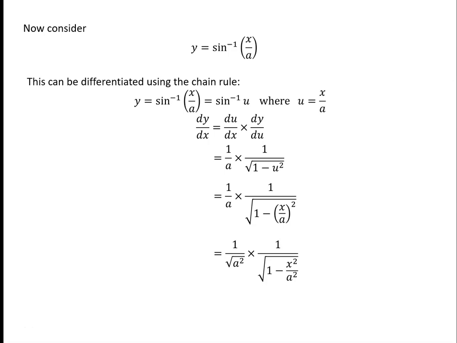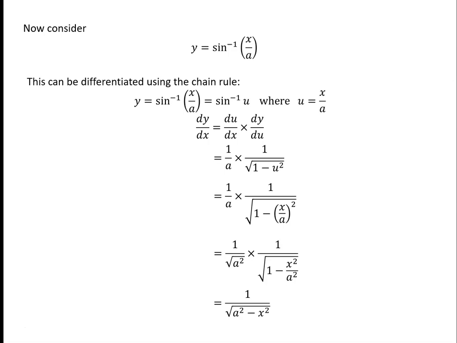Now if I multiply out the bottoms, I'm going to obtain 1 over the root of a squared minus x squared. So if we've got y equals sine to the minus 1 of x over a, then dy by dx is 1 over the root of a squared minus x squared.